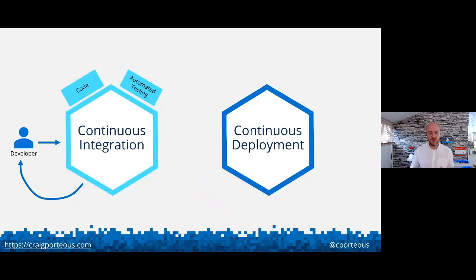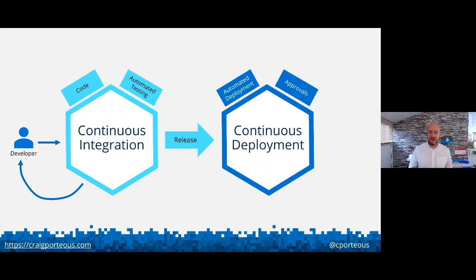So with your developers making changes, automated tests will check those changes and make sure everything's compatible with existing code. That generally iterates over and over again until you reach the point where you want to make a release to an environment. And that's where continuous deployment comes in.